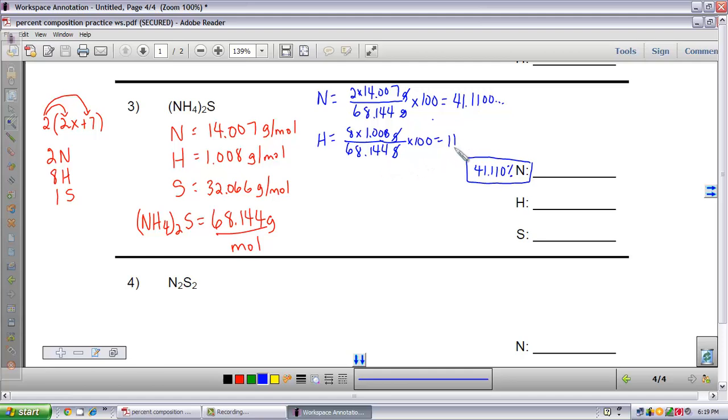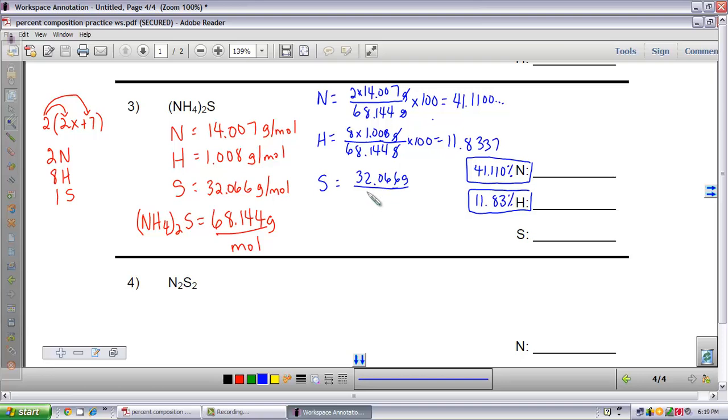So I get 11.8337. So that means hydrogen, again you have 4 sig figs, 5 sig figs, so you can only have 4. 11.83% hydrogen.